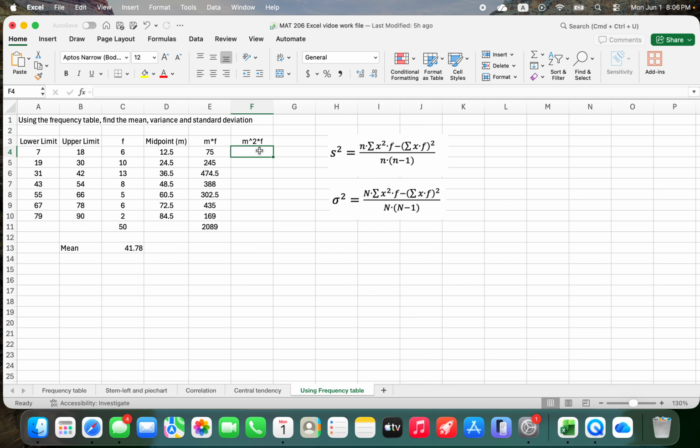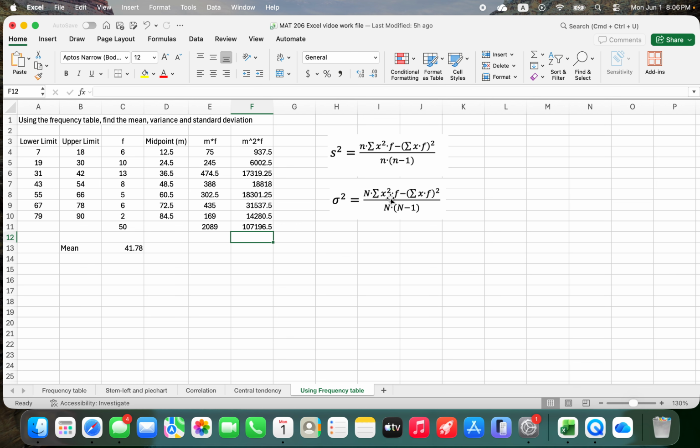Okay, so you can do it equal to the midpoint squared times frequency. And then you just copy down and combine all this data. Then this becomes the total sum for x squared times f. In this case, m squared times f.